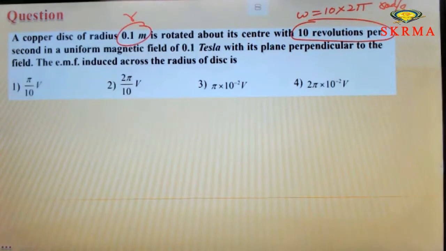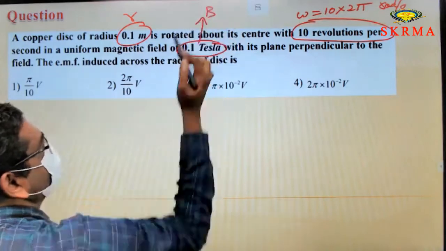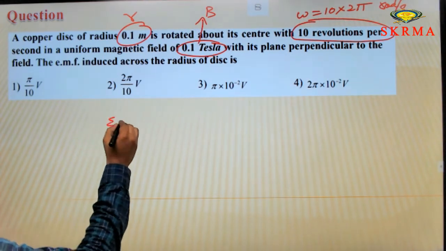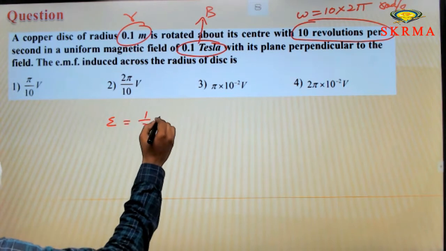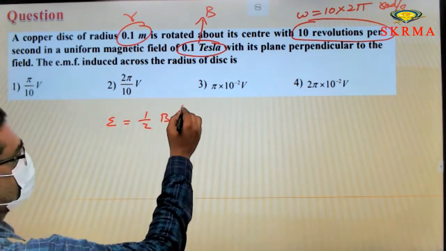Revolutions are given, so we need to convert into radians. So 10 into 2 pi. In a uniform magnetic field, 0.1 Tesla, that is nothing but a magnetic field B, and that is perpendicular to the disc. Then EMF induced across the radius of the disc. So induced EMF, 1 by 2 B into L square omega.